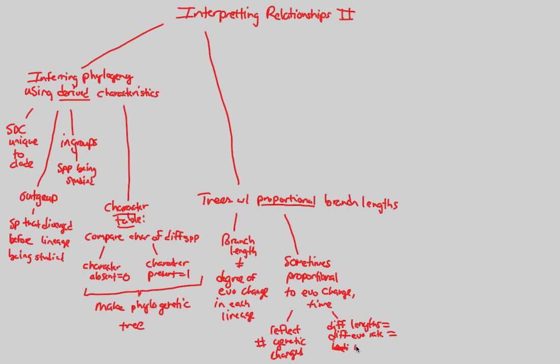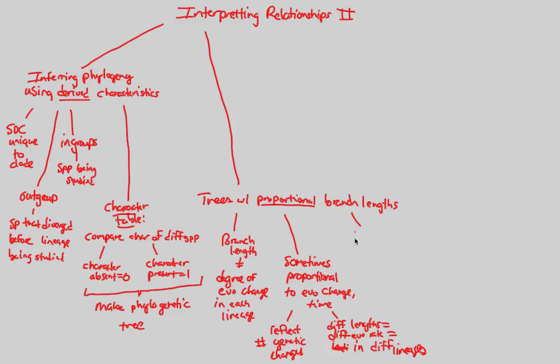So we'll just write that down over here, in different lineages. Don't get hung up on understanding proportionality and how it relates specifically to evolutionary change. You don't need to know the details. Just understand that sometimes proportionality does show up, and if it does, proportional branches will reflect genetic changes, and different lengths will mean different evolutionary rates, all within different lineages of organisms.